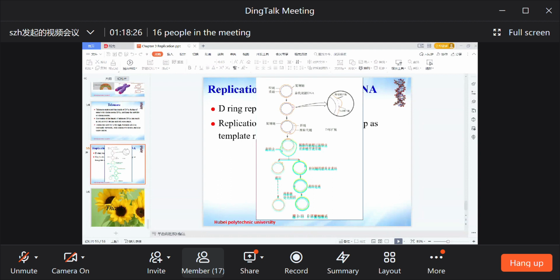And furthermore, another strand is directed to synthesize the other one. Pay attention to the mitochondrial DNA with the D loop replication model. Okay, for replication, we study this part and it is okay.